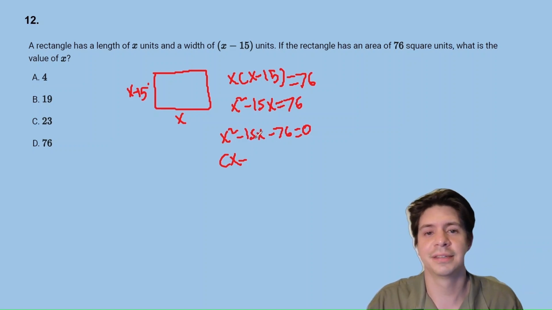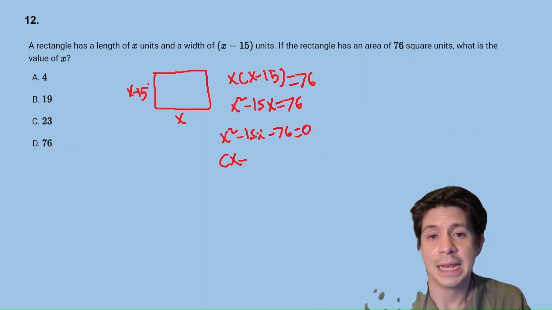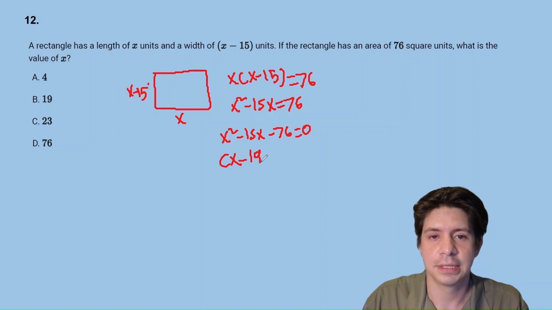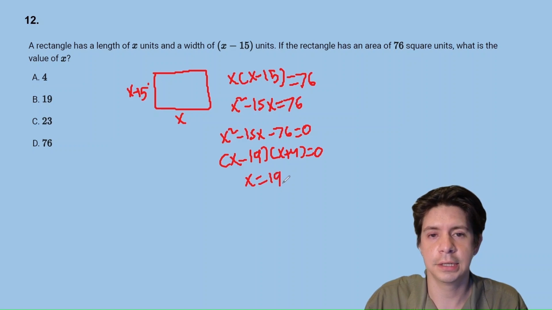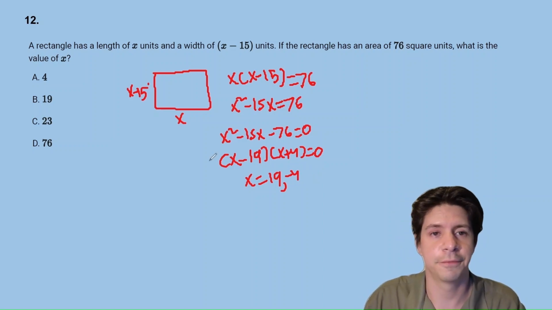Testing, testing. All right, so it's going to be 19 and 4. So x minus 19 times x plus 4 equals 0. So then x equals 19 and negative 4. Oh, wait. That's just what x equals, 19 and negative 4.